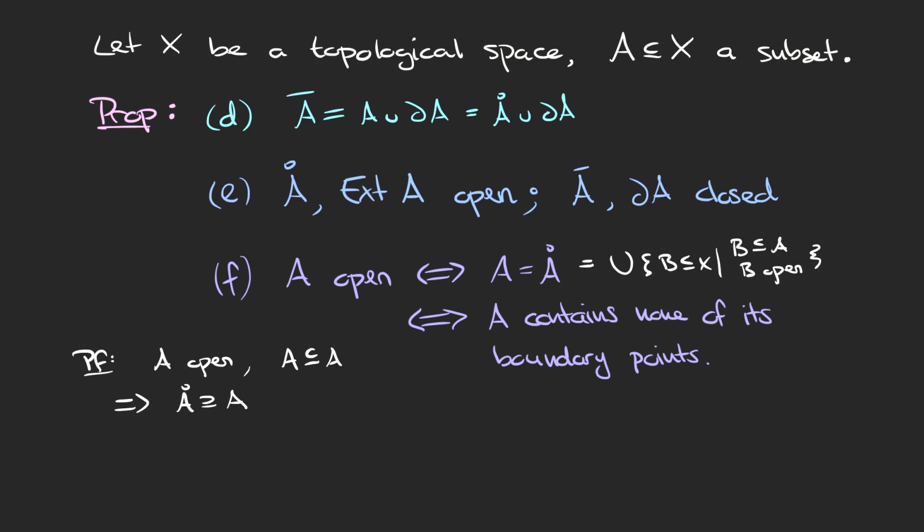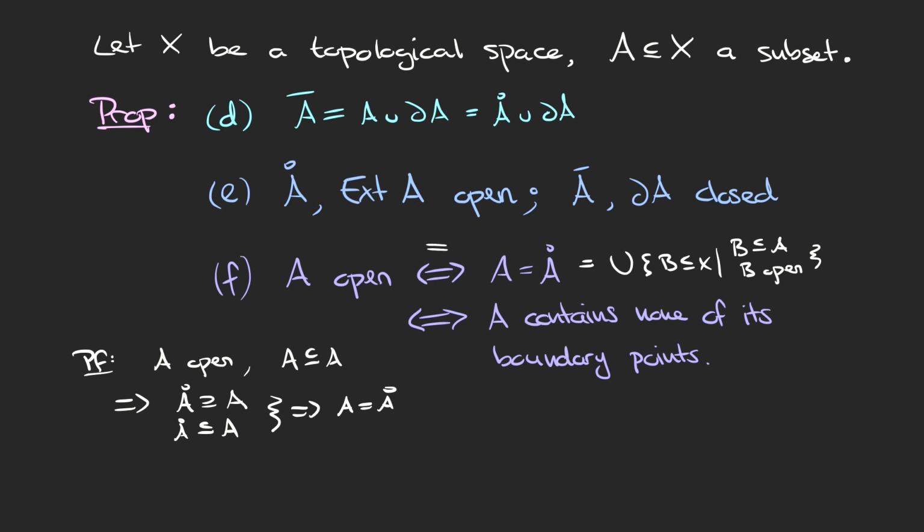On the other hand, because the interior of A is a union over sets that are contained in A, it itself is also contained in A. So now, together with the fact that A is contained in the interior of A, this implies that A is equal to the interior of A.